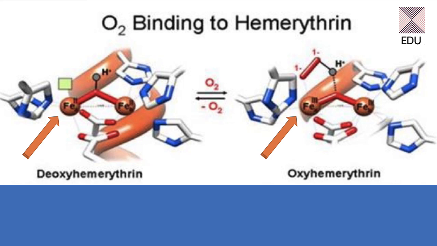That means in the very first form, deoxyhemerythrin, it is in the form of ferrous, that means Fe2 plus. But when it is oxygenated, it comes to the ferric condition, Fe3 plus, and it takes up the oxygen. But this association is again of temporary type. It releases the oxygen and comes back to the ferrous form.